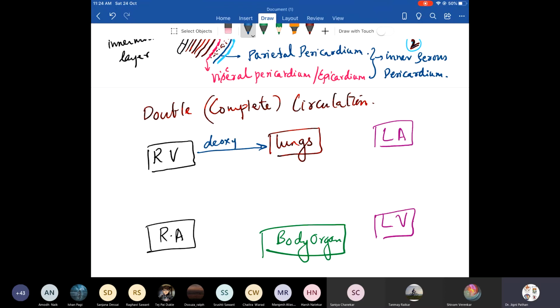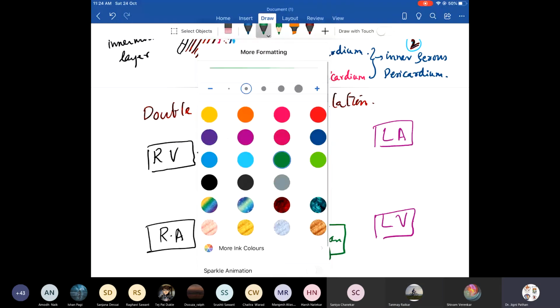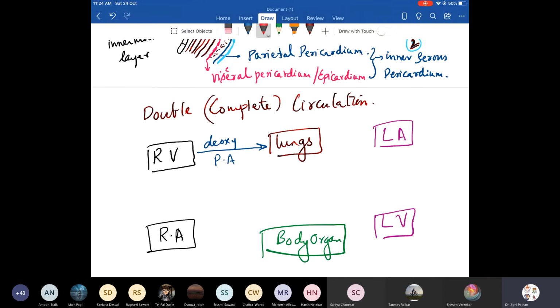Which vessel carries it? Pulmonary artery. Very nice. From the lungs, which blood moves? Oxygenated. Which vessel carries it from the lungs to the left auricle? Pulmonary vein. Very nice.